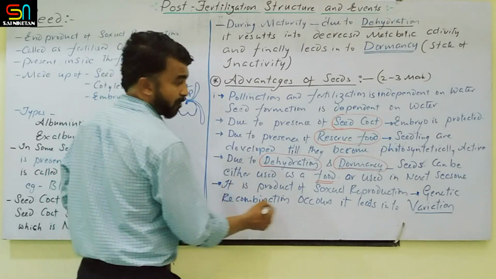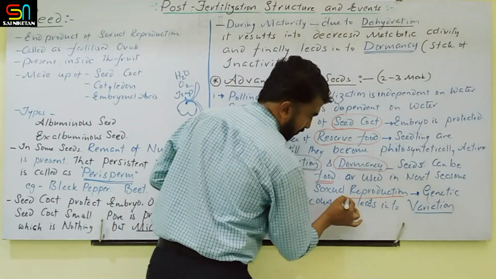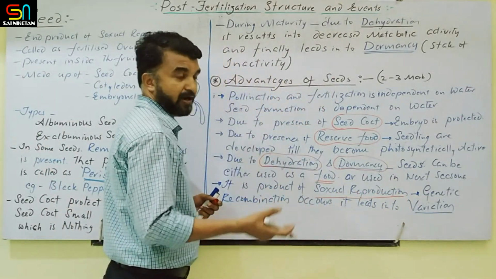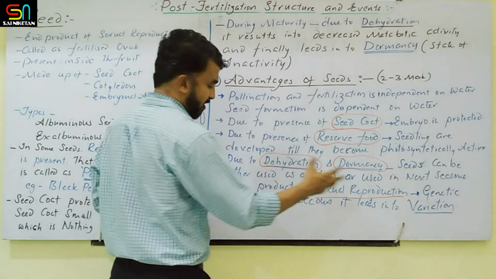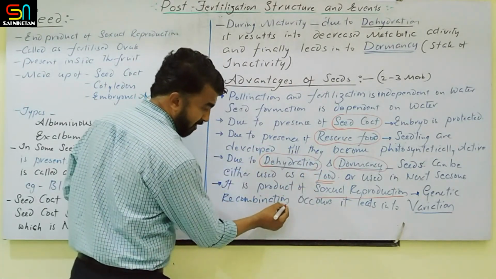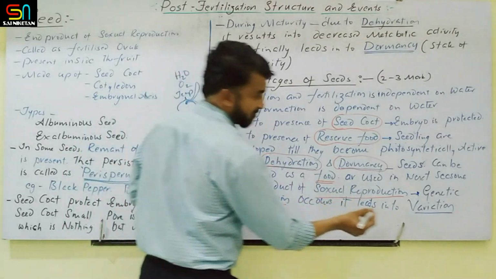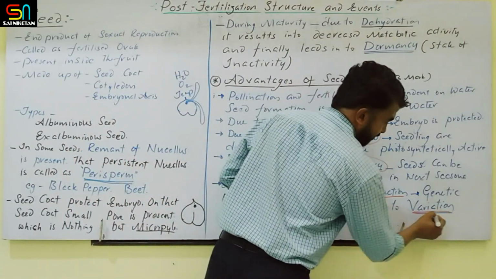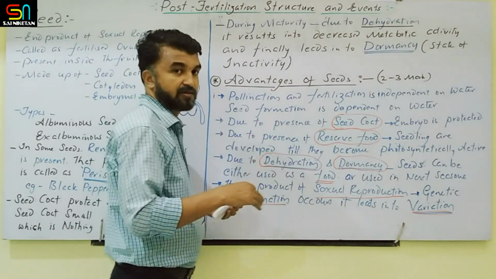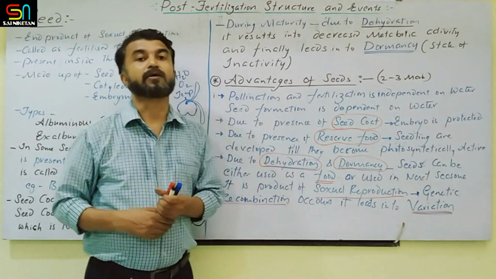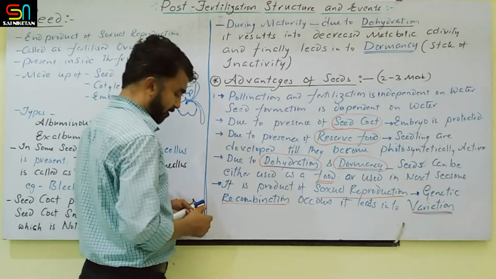Next one, it is the end product of sexual reproduction where gametogenesis and fertilization take place. Means meiosis and fertilization, both events are followed. Genetic recombinations are created, which is responsible for the creation of variation. Clear? So whatever offspring are produced from this seed, it is completely different from the mother. So these are the main points.